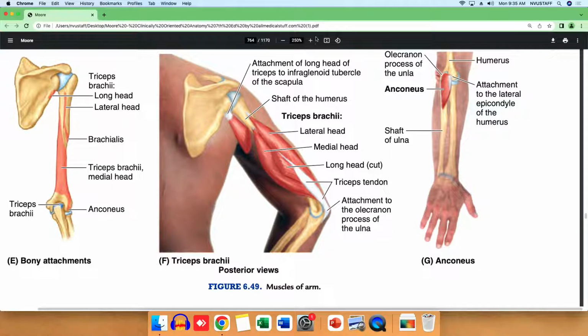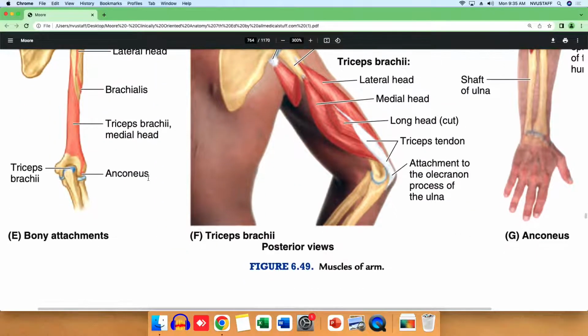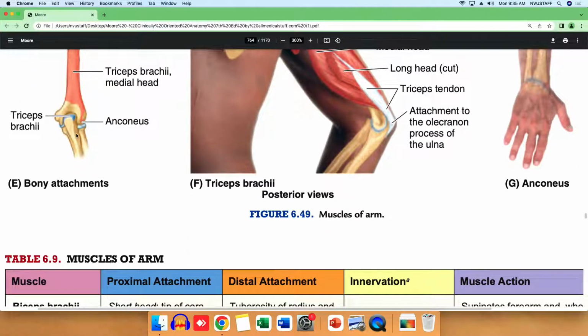On the posterior side, we can find here the olecranon. Do you remember? This hook-like structure of the ulna, where we will have the attachment. You see the attachment to the olecranon of the ulna.